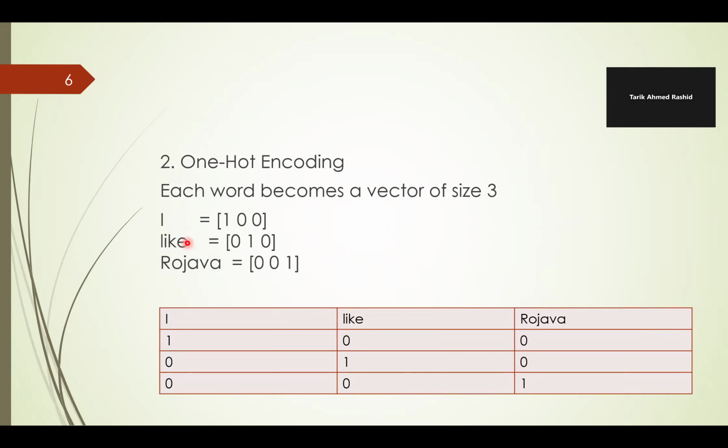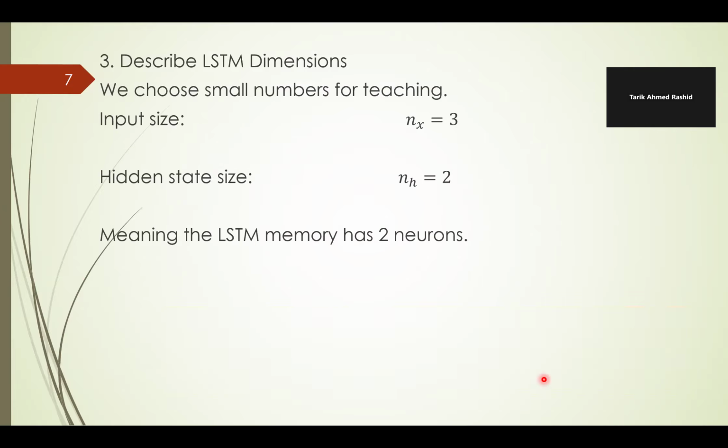For example, I is one, zero for like, zero for Rojava. Whereas like is one, zero for I, and zero for Rojava, because the focus is like. So that's one. Rojava is zero for I, zero for like, and one for Rojava. That's a good way of telling the computer to encode and understand it.